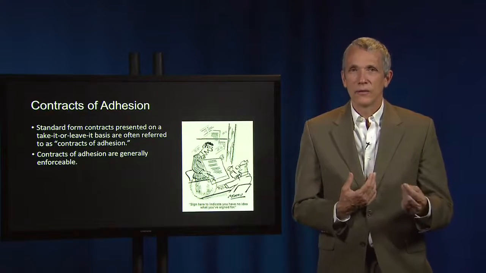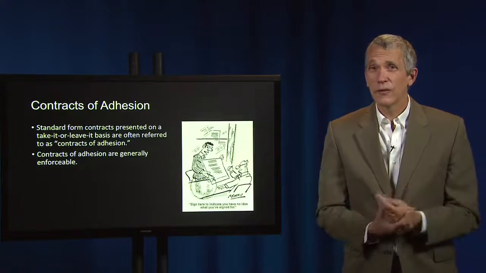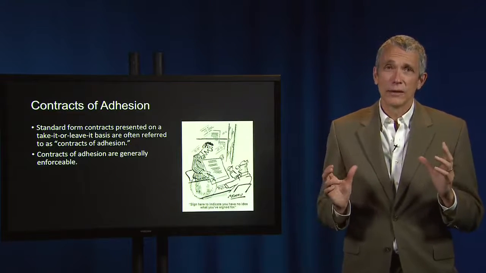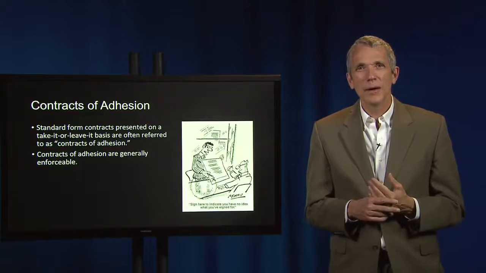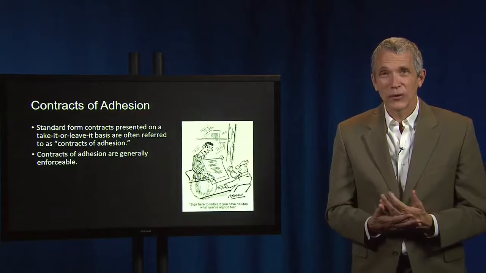Notwithstanding California's position, however, contracts of adhesion are generally enforceable. Thus, while the phrase contract of adhesion has a pejorative overtone, it's important to keep in mind that most adhesive contracts will be judicially enforced.